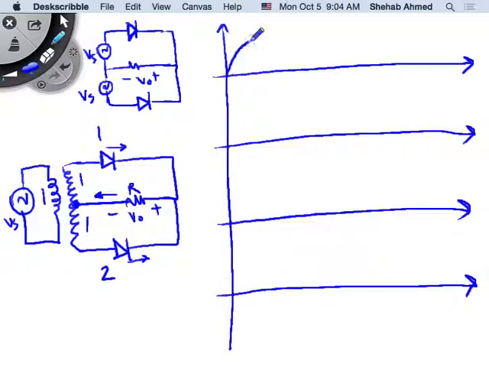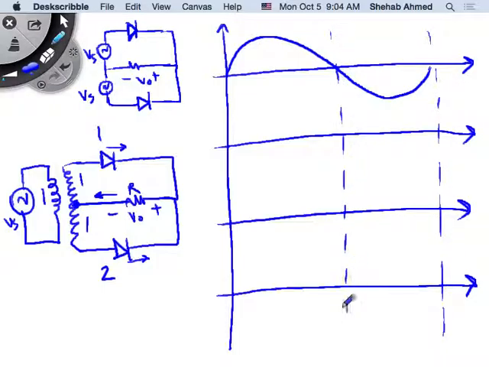So in the positive half cycle, what's going on? This is Vs. So Vs and Vs, they're exactly the same. They're identical. So what's happening in the positive half cycle? D1 is on. Can D2 conduct? This is the most positive potential. This is the negative potential.